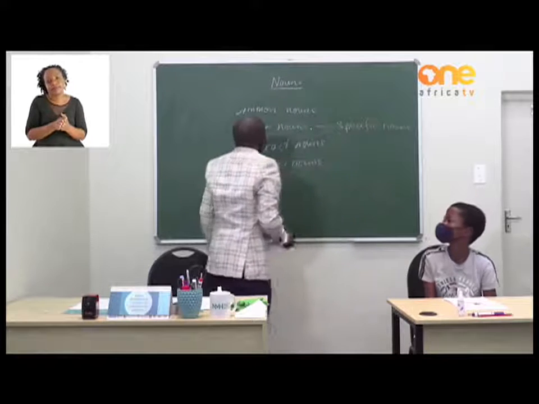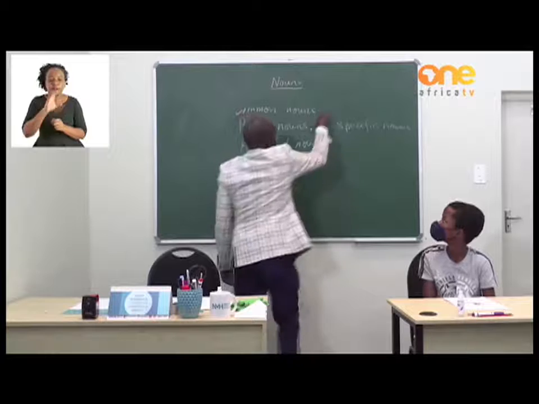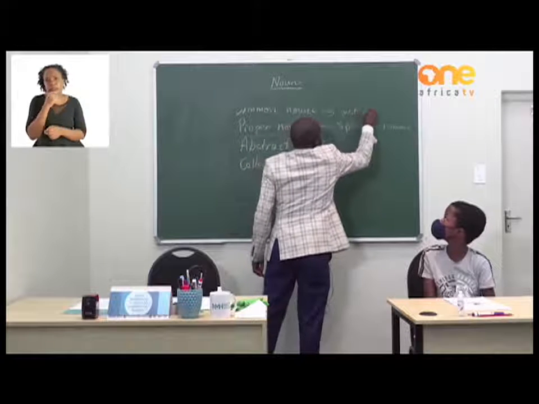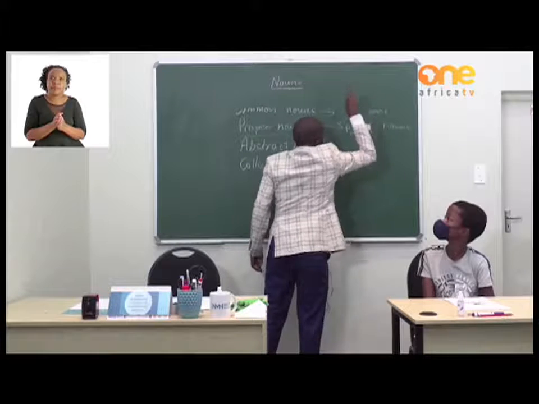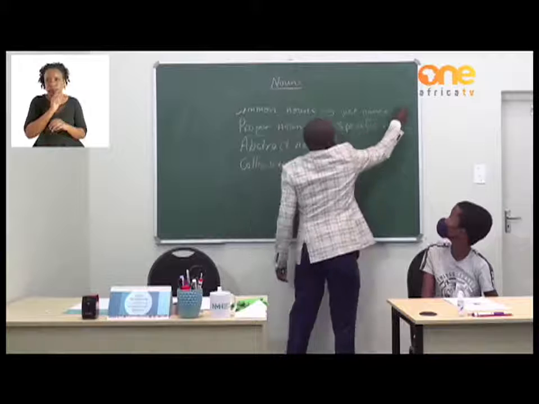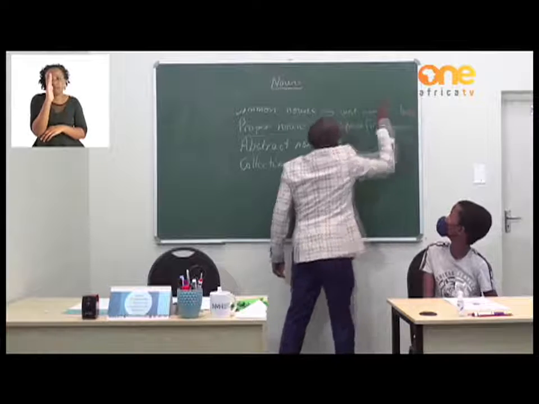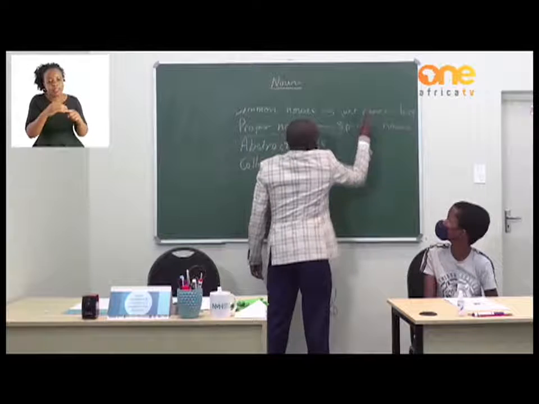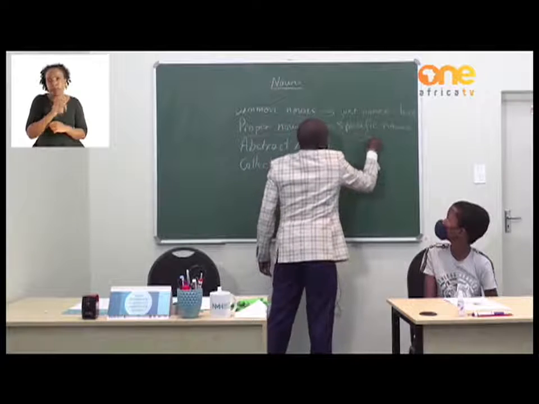And common nouns are just names. For example, here, if we say tree, that's a common noun. And here, a specific noun, we say Shilongo.